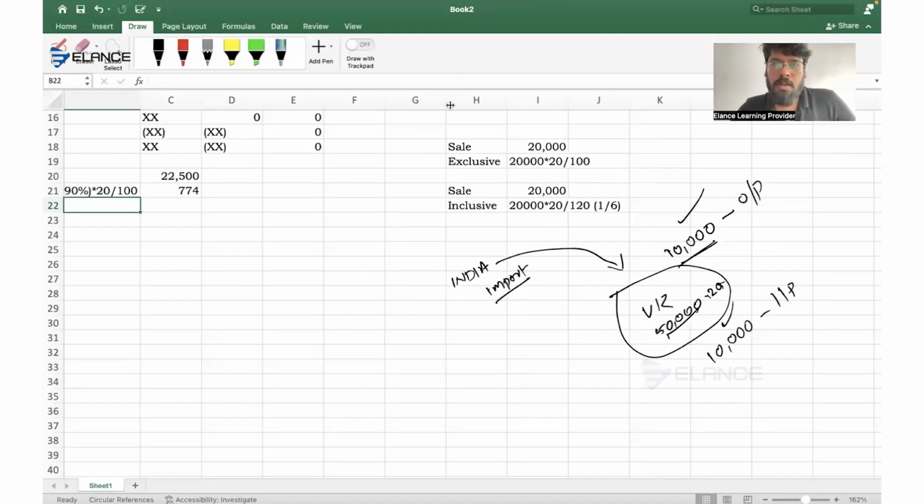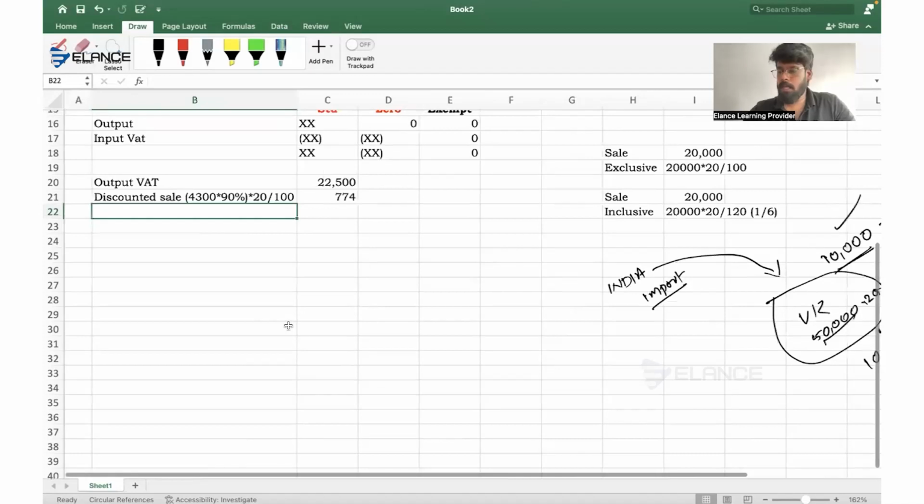So we just discussed the implications of importing any assets to the UK. The same amount we paid as output VAT, we can reclaim in the same return.